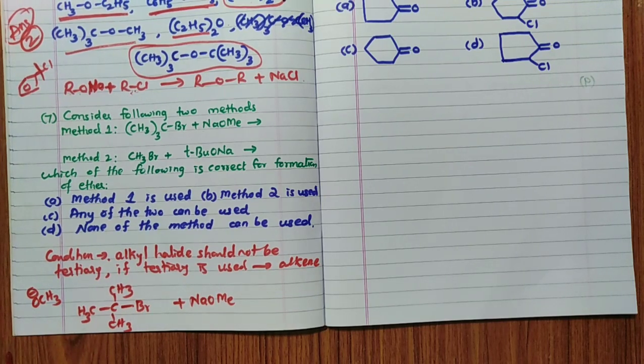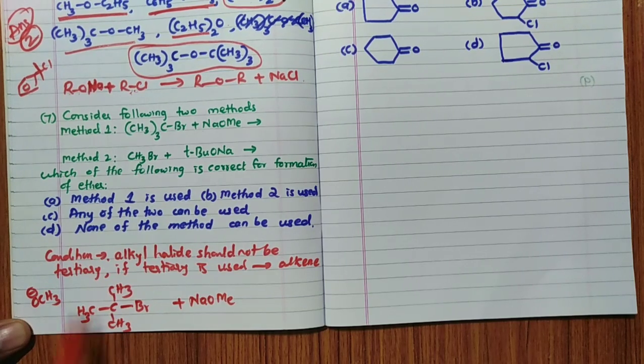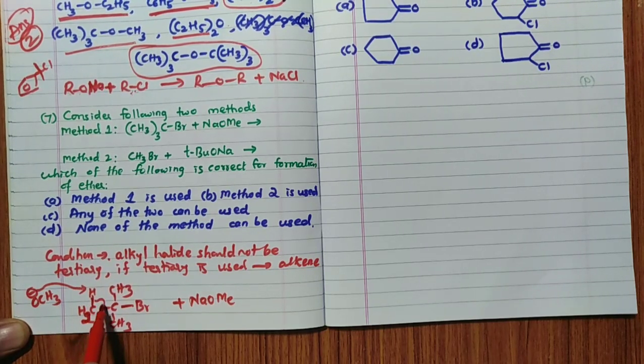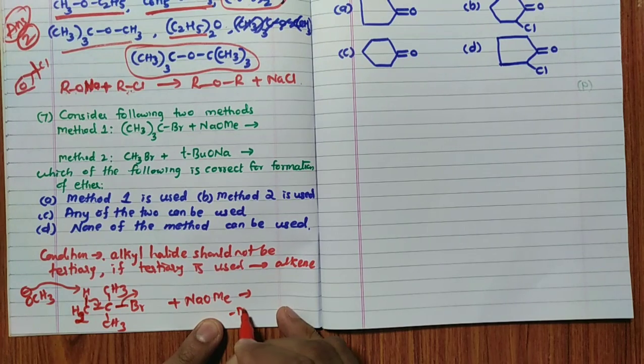Definitely this is just like an SN1 mechanism, where the carbocation should form first. After the carbocation, it should attack. But to attack this particular carbon, because of the bulky nature, instead of attacking the carbon it will attack this hydrogen. For example, CH3, I will write it like this, H. This will attack and form a double bond here, and Br will be removed, no doubt. The product you are going to get is, minus NaBr.